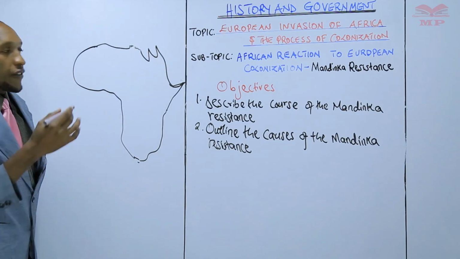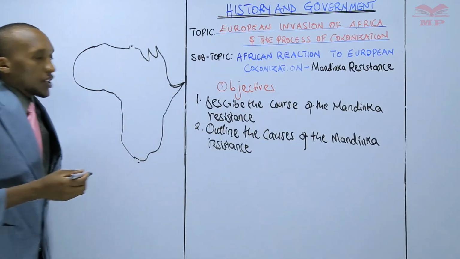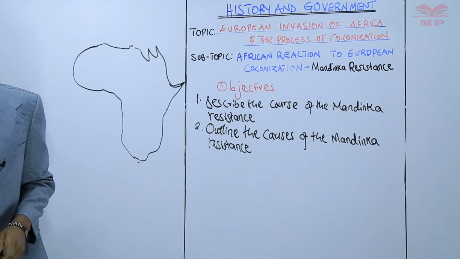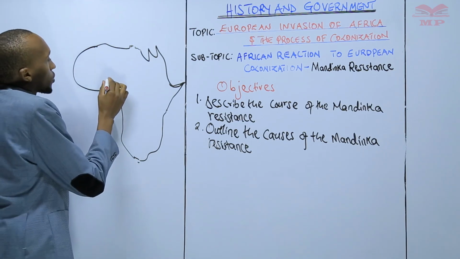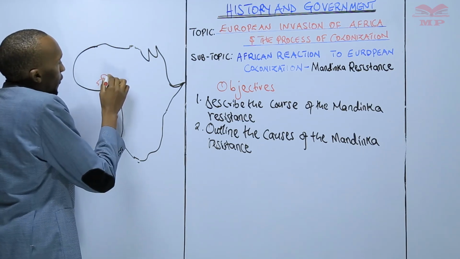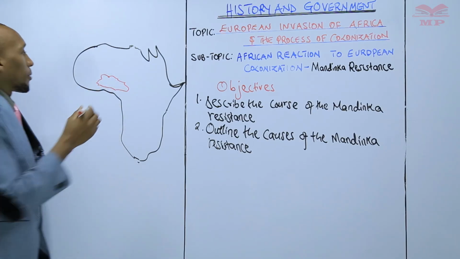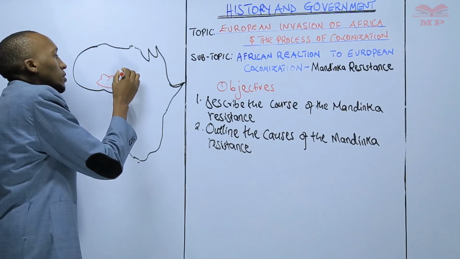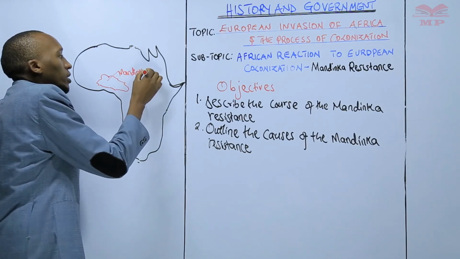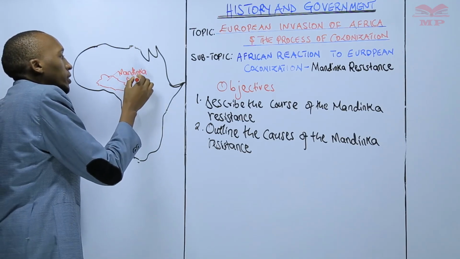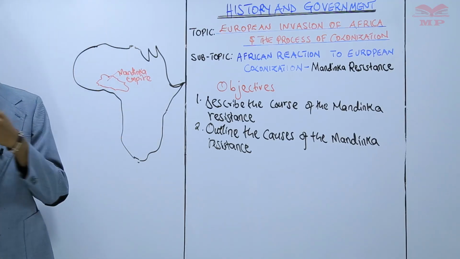So West Africa, where we have the Mandinka resistance. This resistance happened in the Mandinka Empire that was situated in West Africa along this area. That is where the resistance took place.